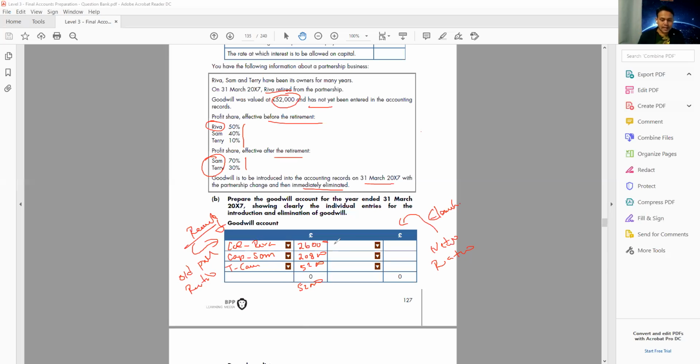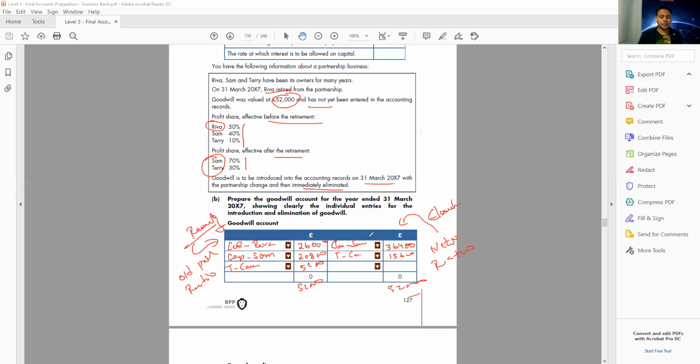So capital, Sam, 36,400, and Terry's capital 15,600, total 52,000.